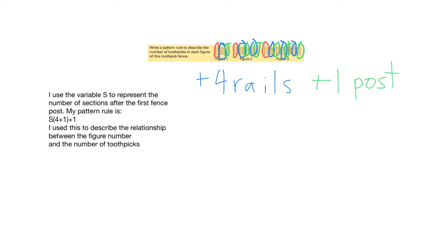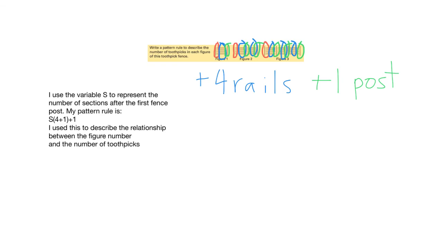And then this is how I've written my pattern rule this time. So s is the figure number, and 4 rails plus 1 post is what's being added each time. That's getting multiplied by the figure number. And then we're adding 1 because the constant each time is 1. So I can use this pattern rule to describe the relationship between the figure number and the number of toothpicks.